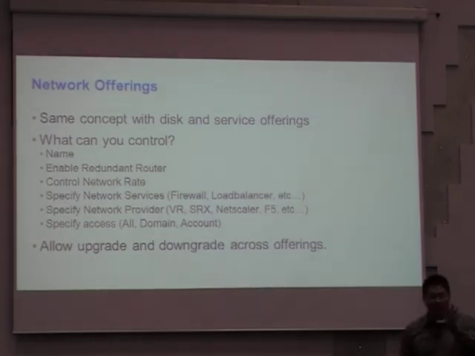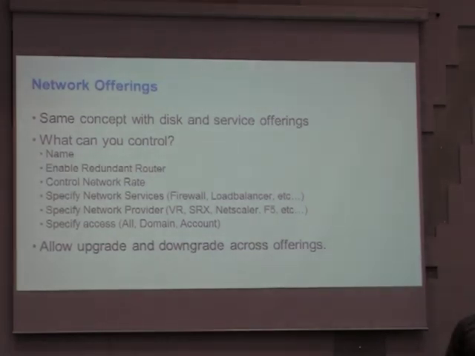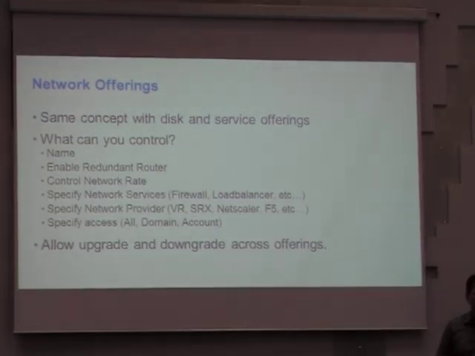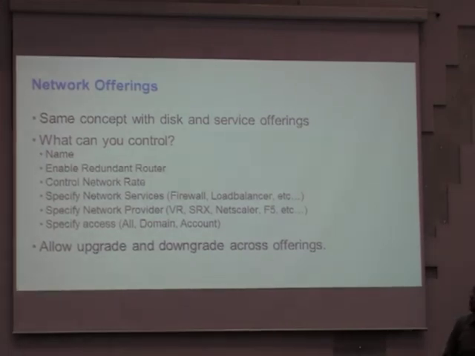So one router will be running. If that's detected to be down, the other router will kick in and take over the network services. Again, you may have a little lag time while it's being brought up. And CloudStack itself will clean up the original one and launch a backup to the one that was just running. But it gives you more flexibility or more redundancy in terms of virtual router support.